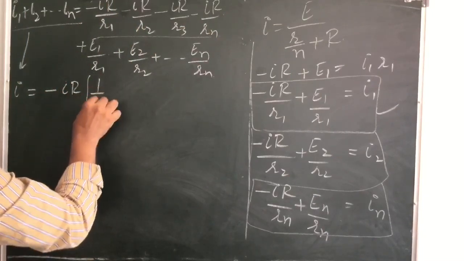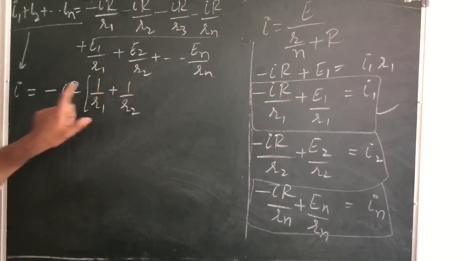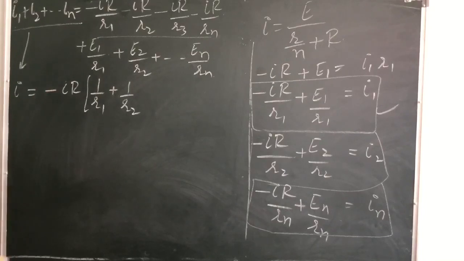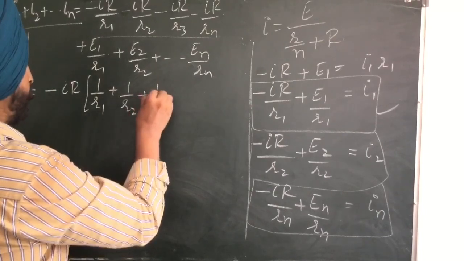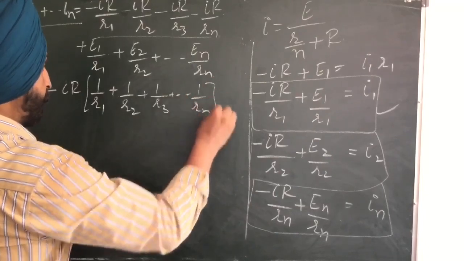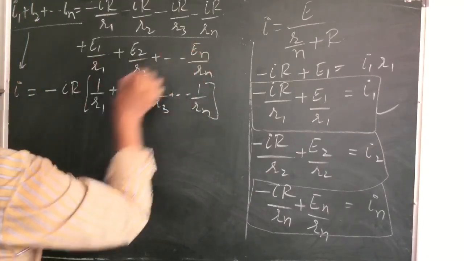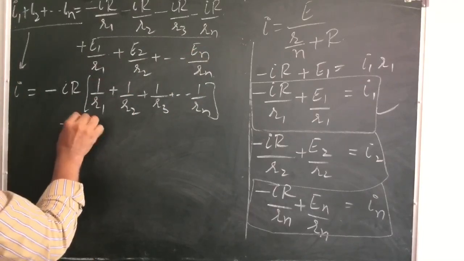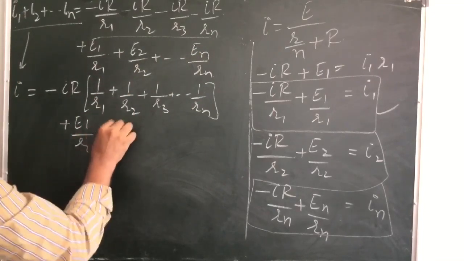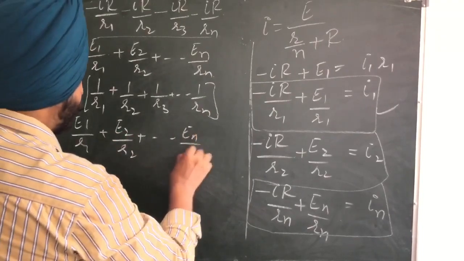I will be left with 1 by R1 plus 1 by R2 plus, because I have already taken negative signs common over here, 1 by R3 up to 1 by Rn. Fine. So plus these values will remain as it is, E1 by R1, E2 by R2 up to En by Rn.